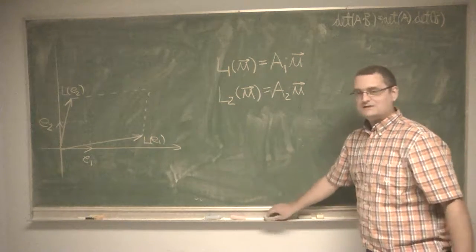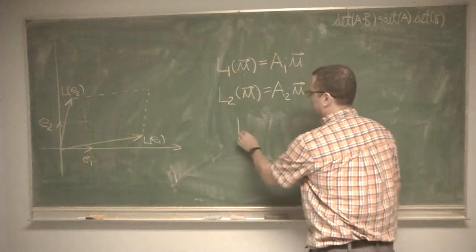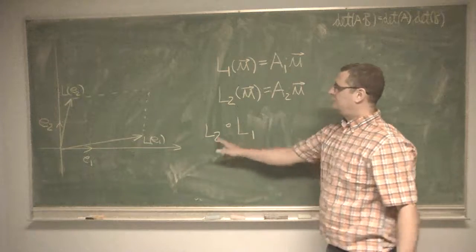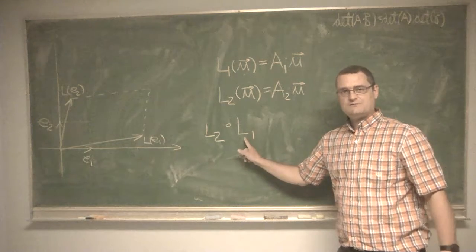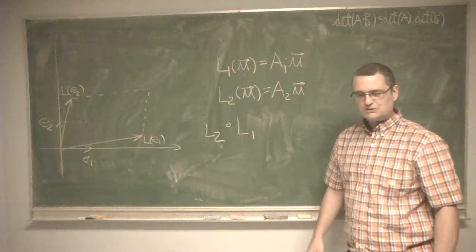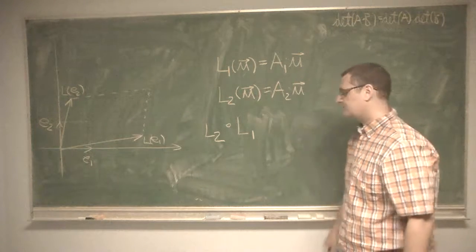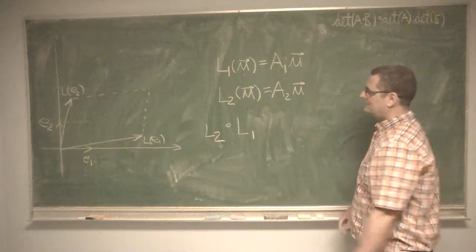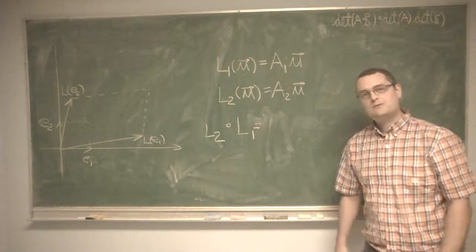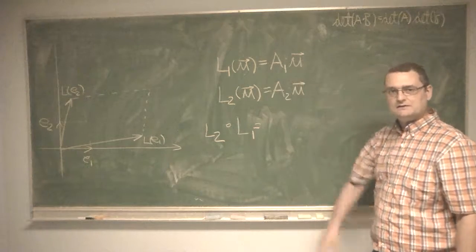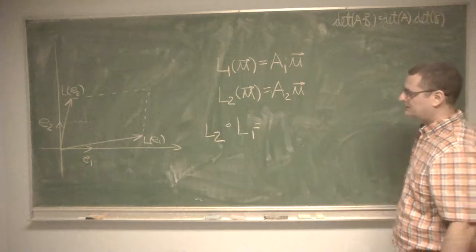Well, it turns out it's going to be a matrix that represents the composition of these two transformations, L1 and L2. Composition of two linear transformations is another linear transformation. It's easy to see by representing it as a product of a matrix with the vector, which is the input vector.